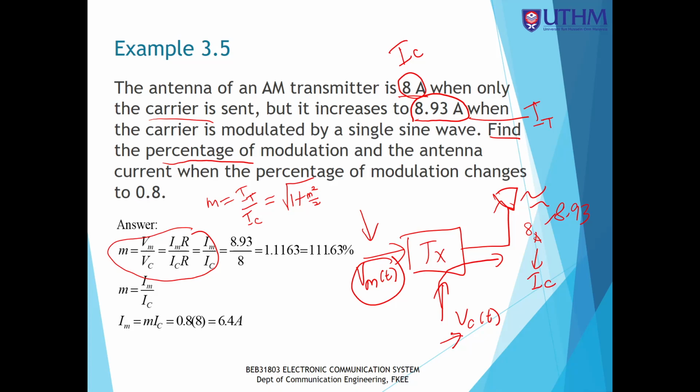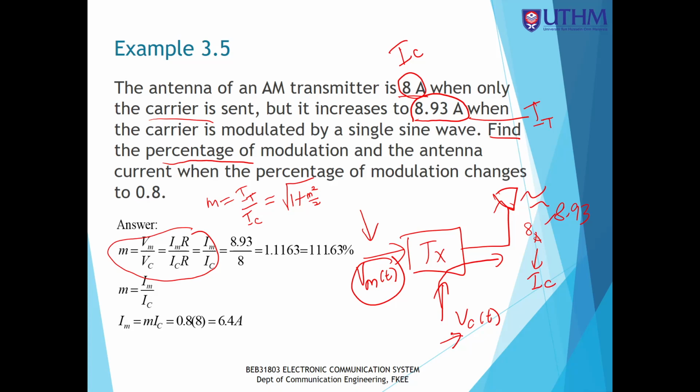So after that, the second question. Okay, so soalan ini, kalau you lihat, what you need to do is IT over IC. Okay, so 8.93 divided by 8 ampere. So you get 1.1163, which is equivalent to 111.63%. Okay, this is considered as overmodulation. So this is the first equation.